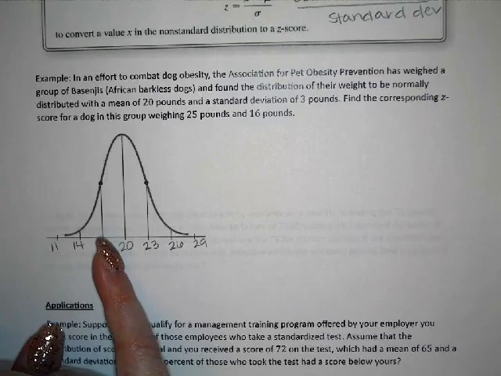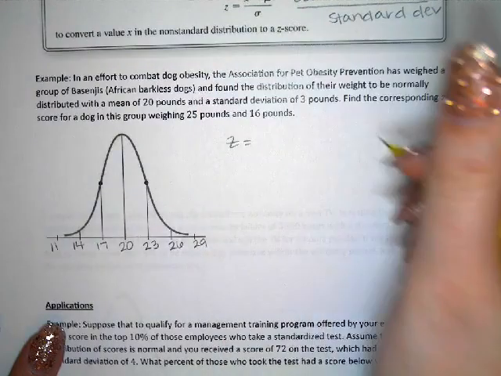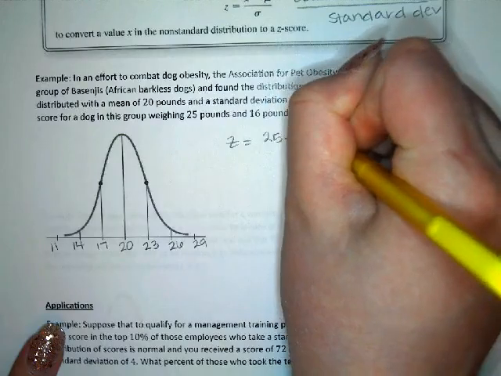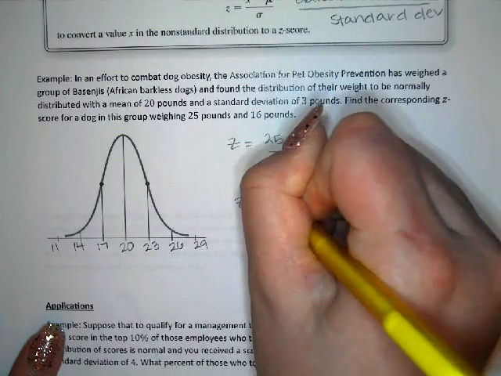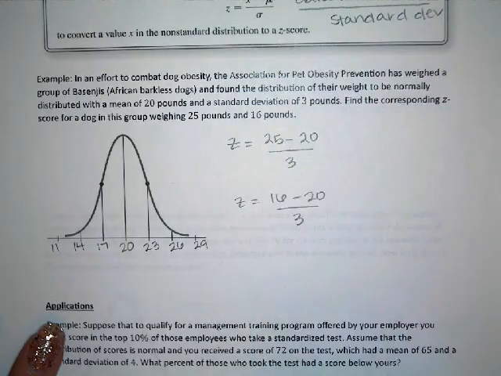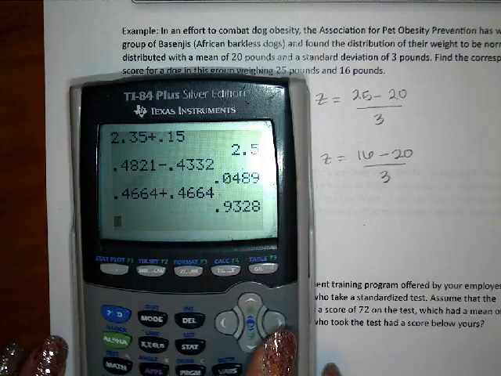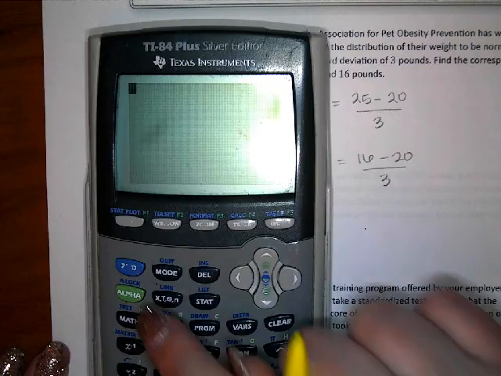Okay, so I'm going to go ahead and calculate my Z-score. I'm going to say the data value minus the mean divided by the standard deviation. Okay, so to type these into my calculator, I can type them in like a fraction if I use the alpha button and then this button and use the first option.